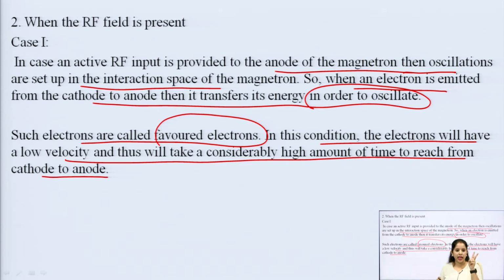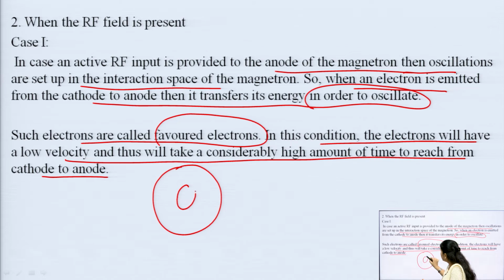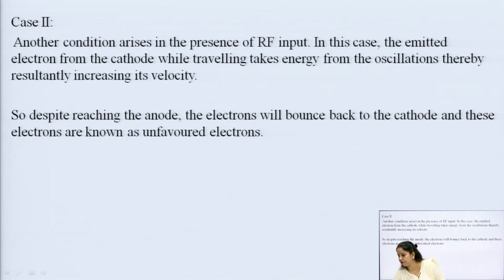So we have two types of electrons when the RF field is present: favored or unfavored. Favored electrons are responsible for the oscillation, they always have a lower velocity and take a high amount of time to reach from cathode to anode, and only the electron which comes from the cathode and reaches the anode can give rise to oscillations. That is why it is called the favored electron.